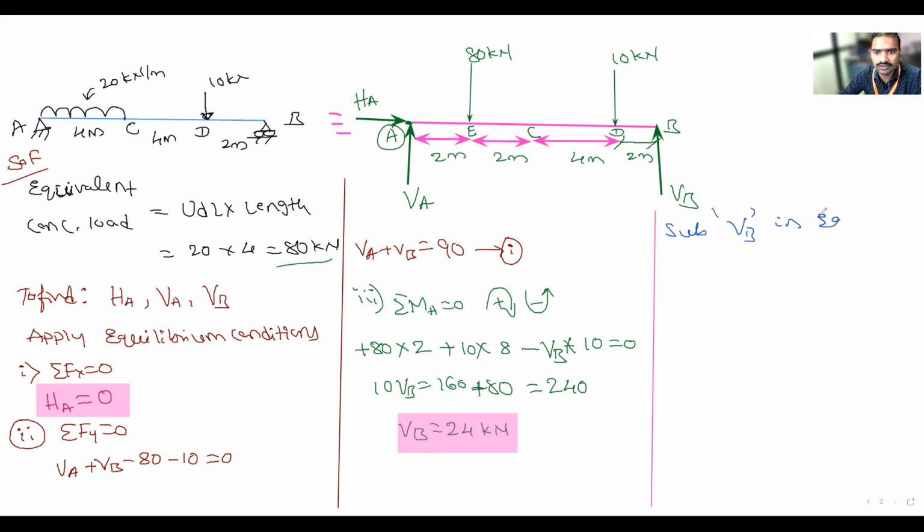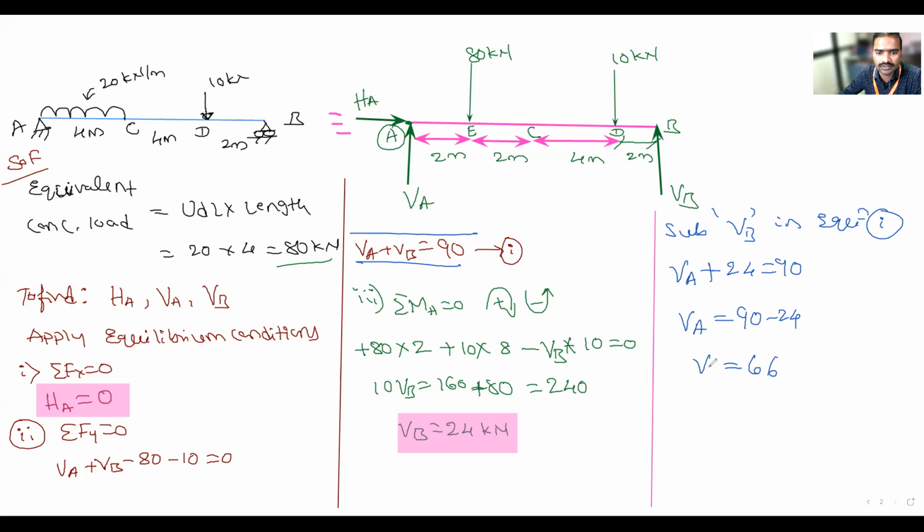So equation 1 is VA plus VB is equal to 90, with VB as 24. I want the VA value, so VA is equal to 90 minus 24, that is equal to 66.